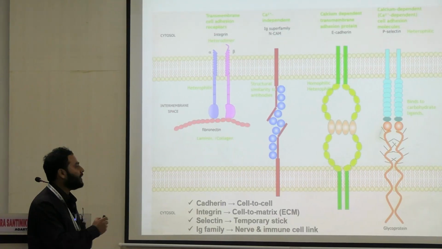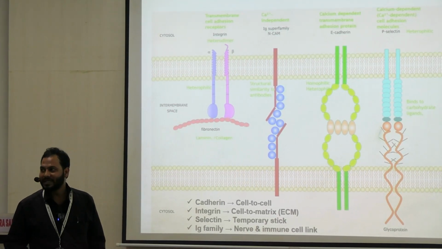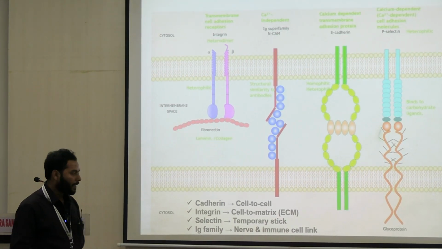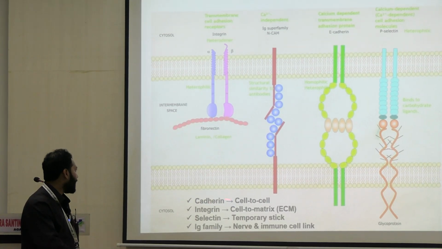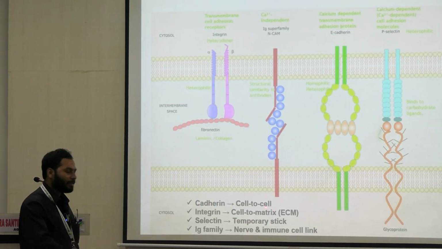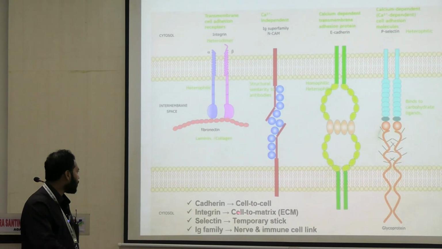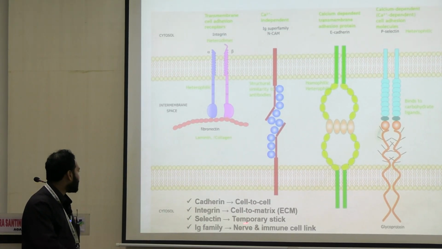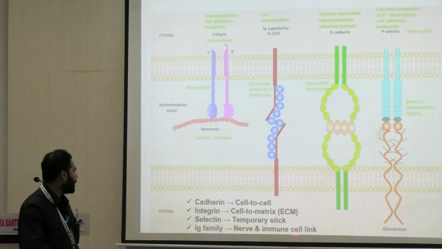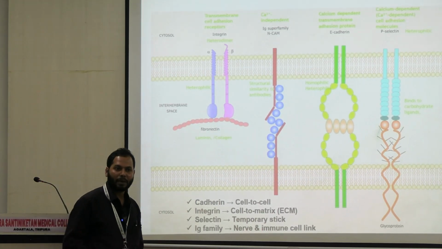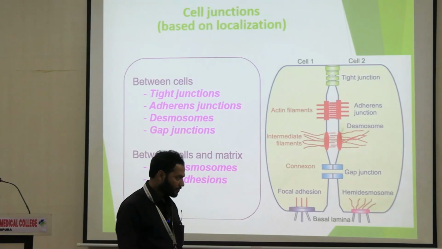It is a calcium independent cell adhesion molecule, right? Now, in brief, we can say Cadherin makes a contact between cells, Integrin makes a contact between cell and matrix, Selectin makes a temporary stick, and immunoglobulin superfamily is involved with the formation of a link between nerve cell and immune cell.